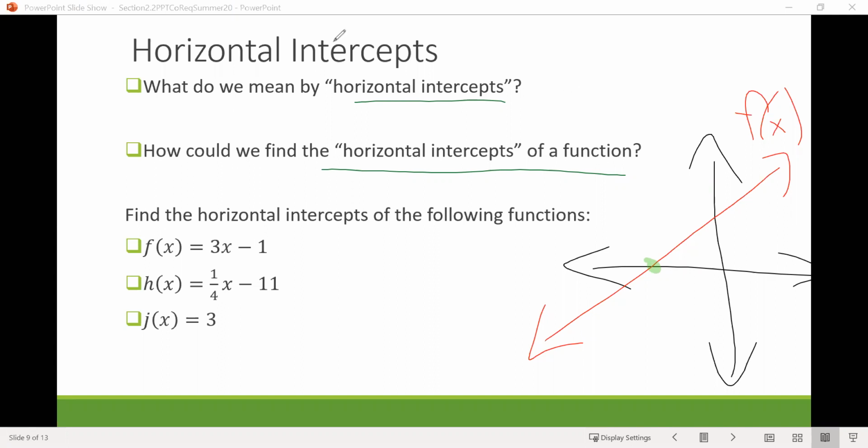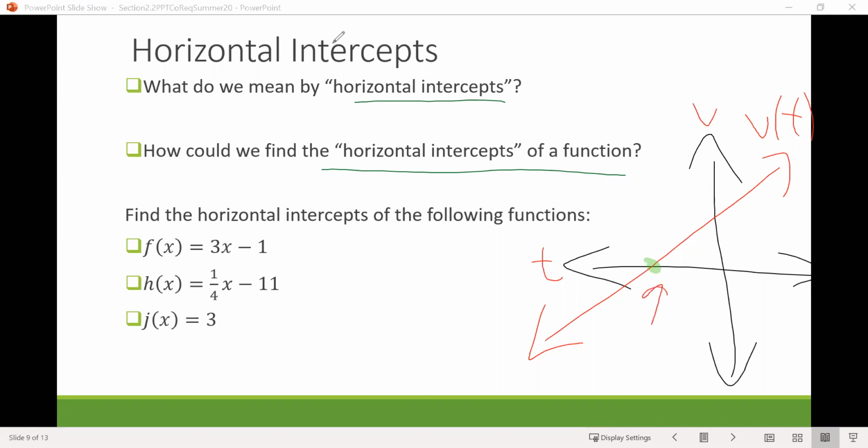But as I've already reiterated many times, we are not always talking about x's and y's as our variables. We could have a function called v of t, which in this case now t would be our horizontal variable and v would be our vertical variable, or t would be our input and v would be our output.